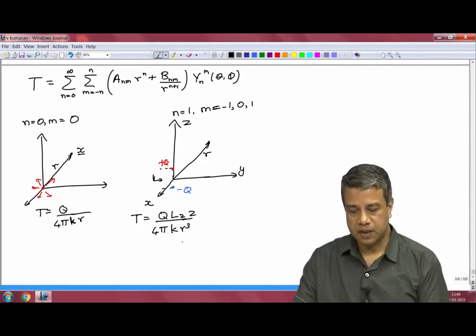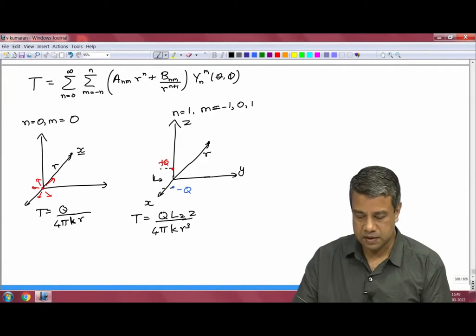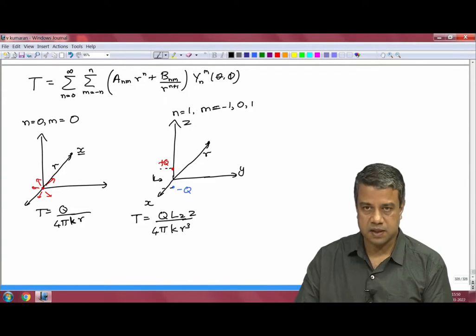If it was separated in the z direction, it would be this. In the x direction, you will get Lx times x, in the y direction you will get Ly times y.